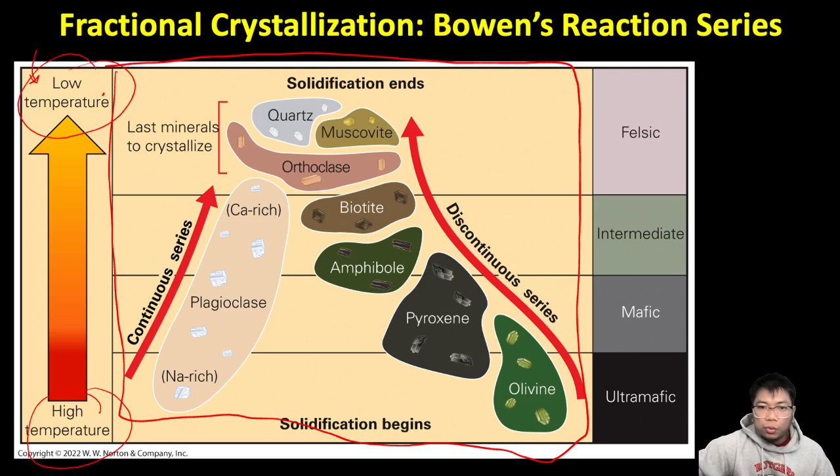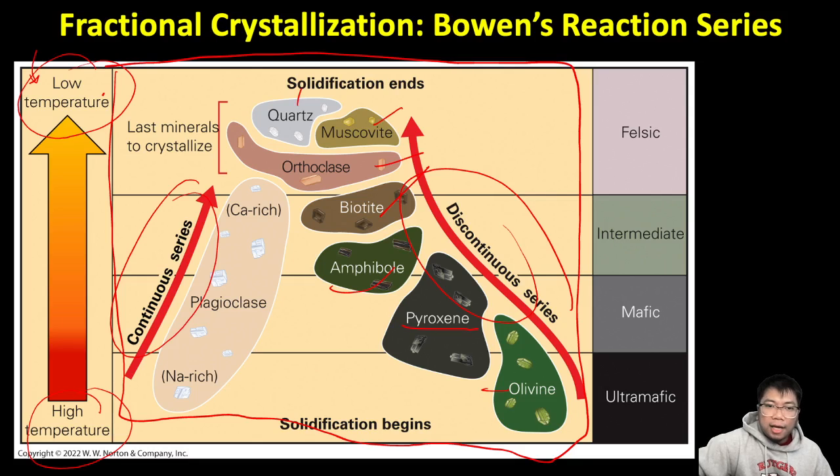Okay, and there are two main arms, and we're going to talk about that later: discontinuous series and continuous series. Okay, and here we have different types of minerals such as olivine, pyroxene, amphibole, biotite, orthoclase, muscovite, quartz, and here on the left arm for the continuous series, we only have one single mineral, which is plagioclase, that could have sodium-rich or calcium-rich composition.